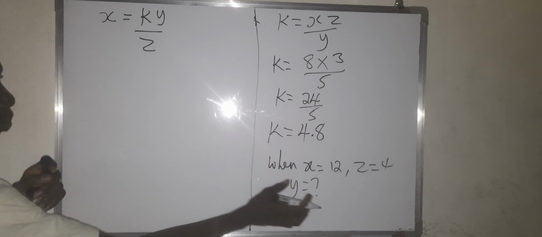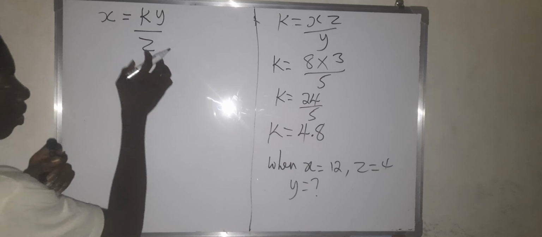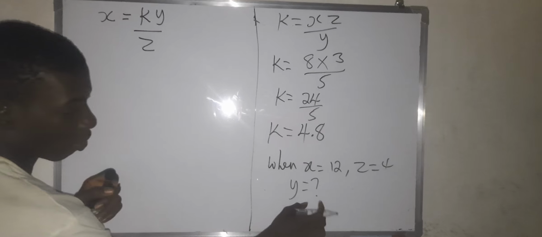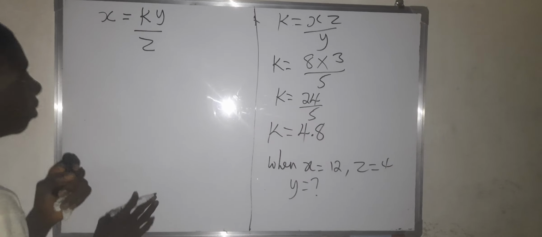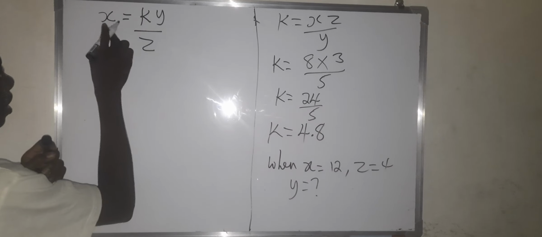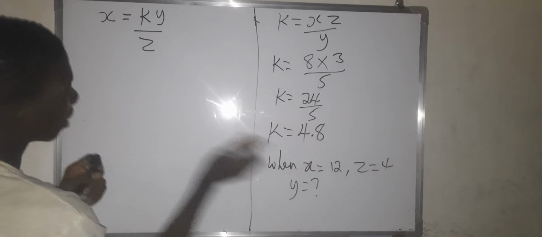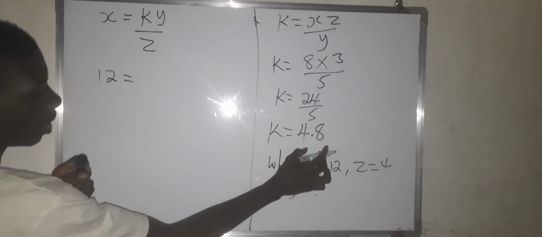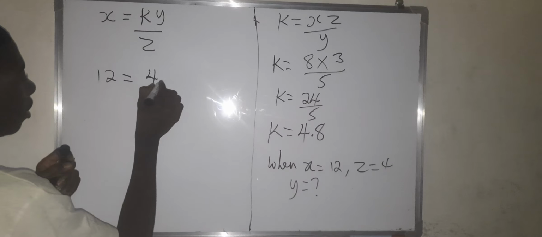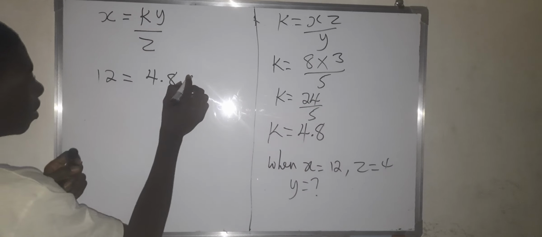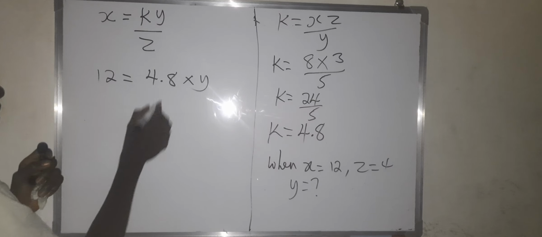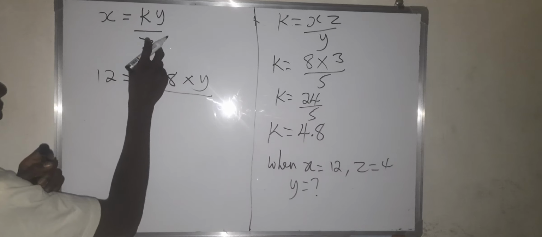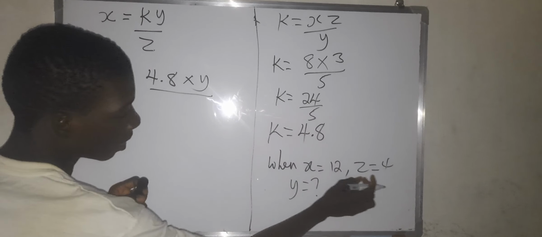So we are going to substitute these values into this equation to have the value of y. So what is our x? Our x is 12, equal to our k, which is 4.8, times y, all that over z. What is our z? Our z is 4.